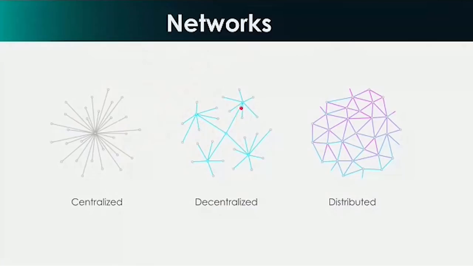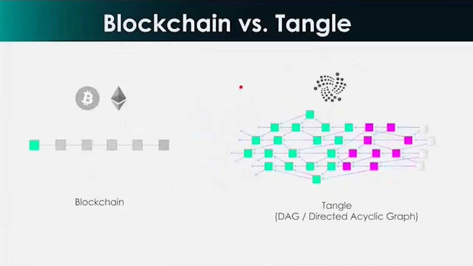But again, here you have these trust clusters, so to speak. A completely distributed network, on the other hand, is where every single participant is an equal node. They don't have to rely on one or multiple centralized or decentralized servers. Instead, everyone has the same copy, just like with the distributed ledger.